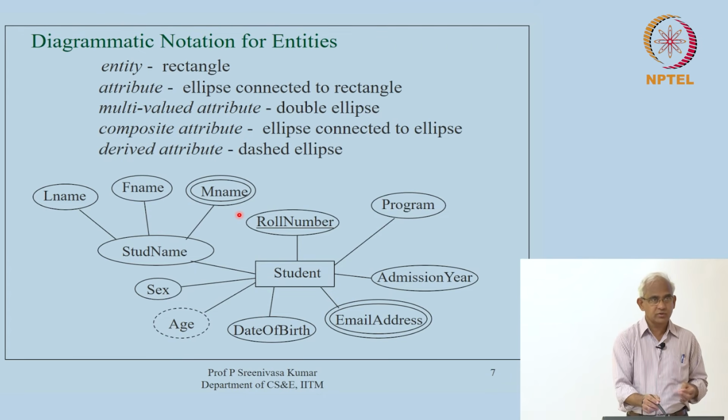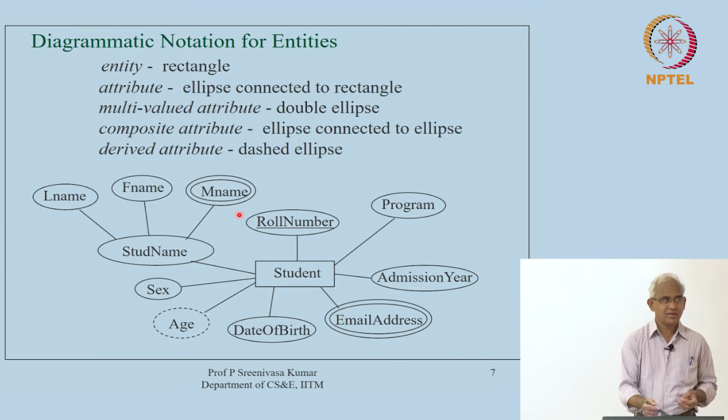Typically, Indian names do have several middle names, okay. Especially people from Andhra Pradesh have long names, right, and so it is natural to capture them using multiple middle names.